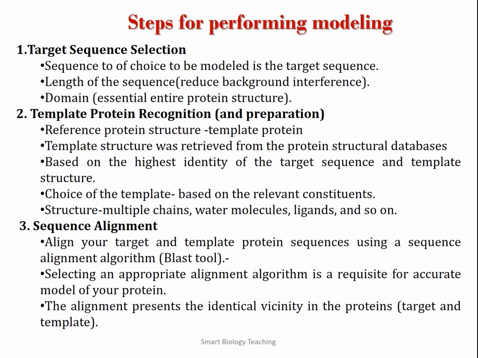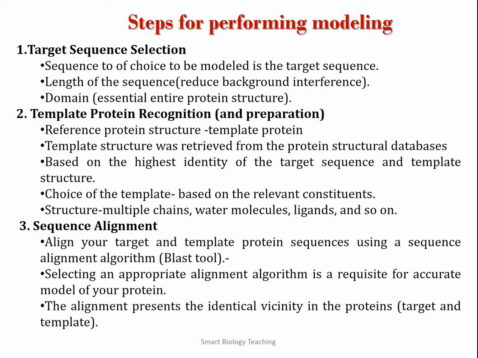So we will see in detail the steps of how to perform modeling. You have your target sequence. The choice of the target sequence is the sequence length which you are going to take into account, which will reduce the background interference when you are designing your homology model.